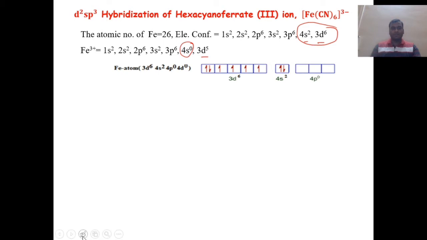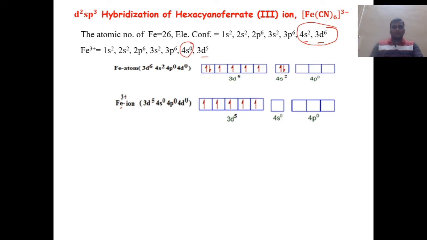So now when the Fe atom undergoes oxidation to +3, at that time what happens, 2 electrons get removed from the 4s2 and 1 electron from the d orbital. So we get 5 unpaired electrons when the Fe3+ ion is in the excited state.